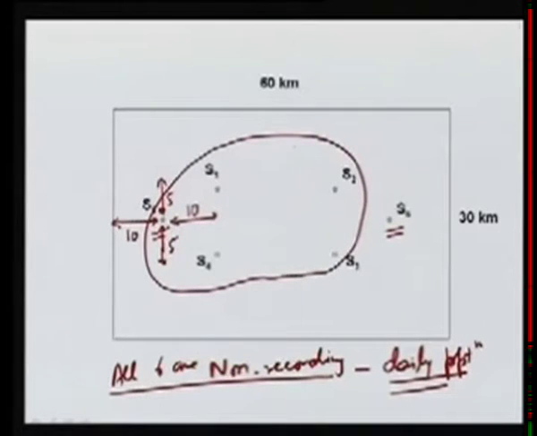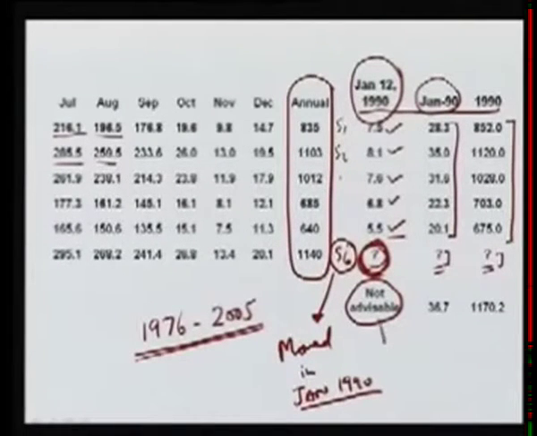So whatever data we are getting at S1, S2, S3, S4 and S5 may not hold good for S6. So for a small duration, we should not use the other stations to estimate the missing data. So for 1 day rainfall, it is generally not advisable to use the surrounding station data to estimate the data because of the spatial non-uniformity of the storm data.